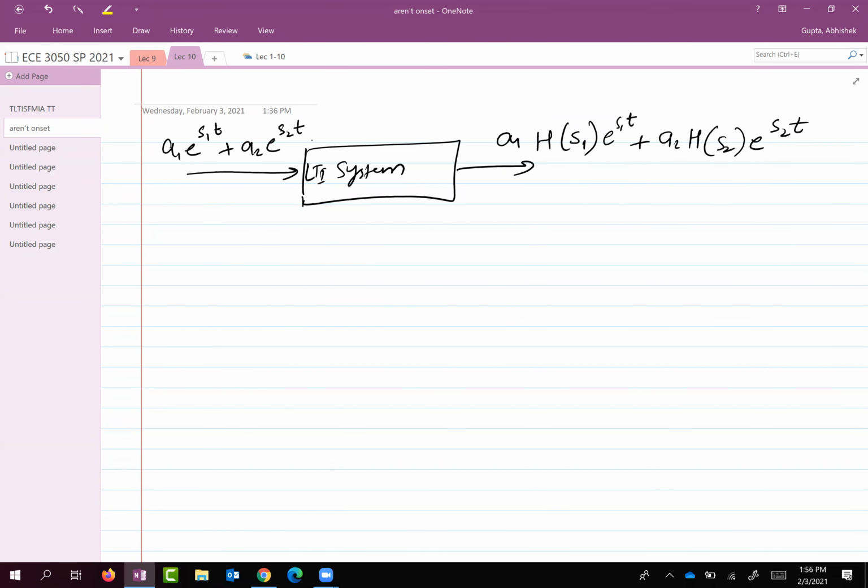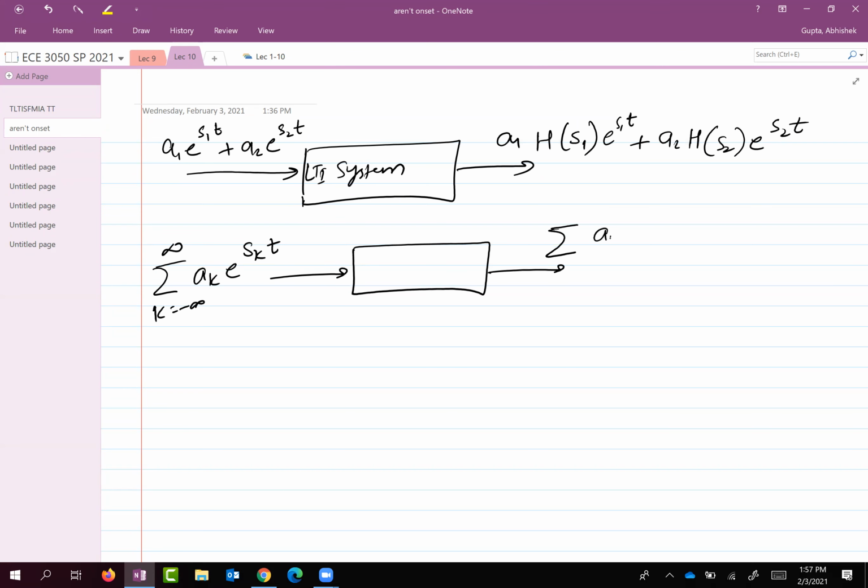This happens only because our system is an LTI system, and that's why we can do this decomposition. More generally, if I give an input summation of ak e raised to skt, k goes from minus infinity to plus infinity, the output is going to be summation ak H(sk) e raised to skt.